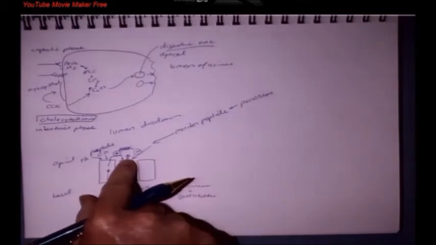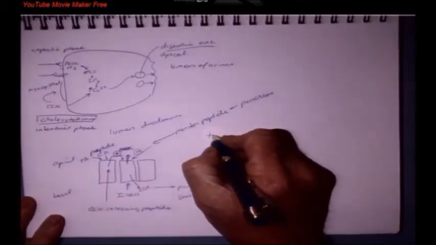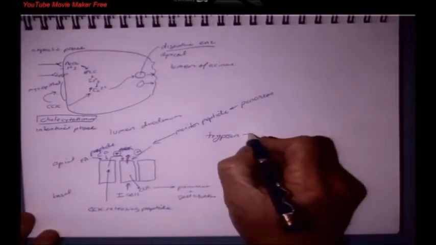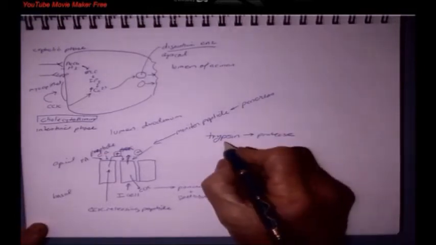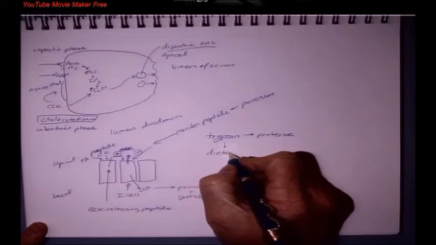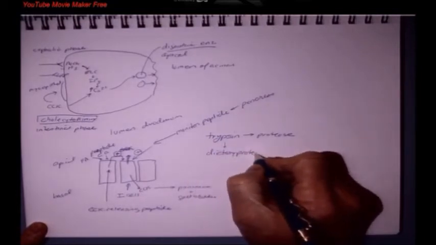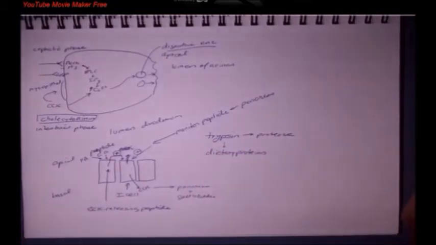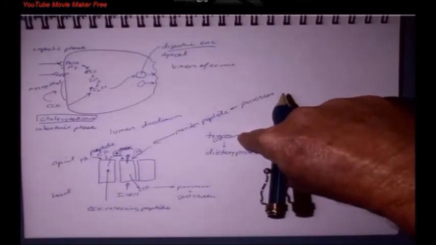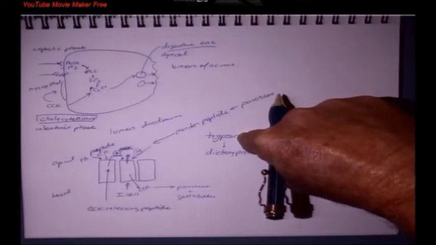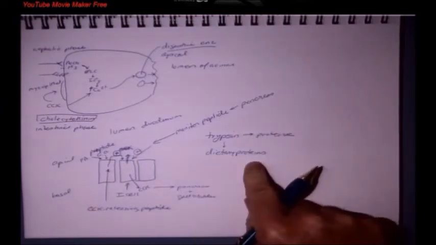So here's where it gets really clever. Trypsin is the major protease for digestion of proteins that is secreted by the pancreas. Trypsin is going to be digesting dietary proteins. These dietary proteins are going to be occupying the enzyme active site of trypsin a lot because there's a lot of dietary proteins.